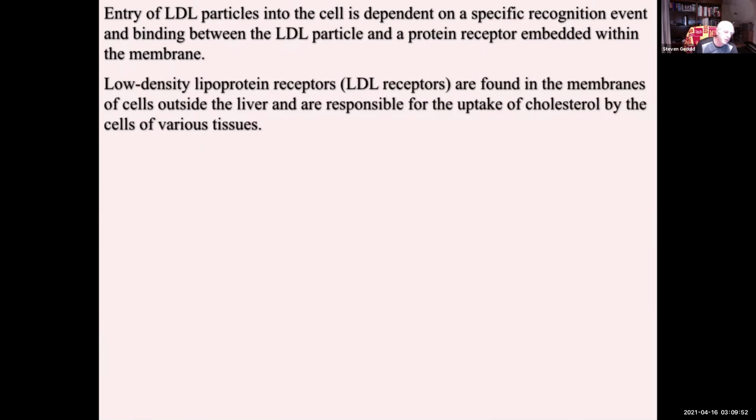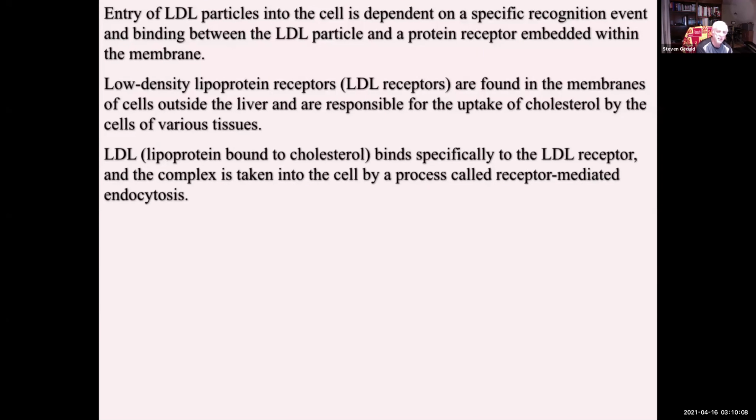So the cell has to recognize the low density lipoprotein and bind to it so the cholesterol can be delivered to it. Low density lipoprotein receptors are found in the membranes of cells outside the liver and are responsible for the uptake of cholesterol by the various tissues. You have the receptors so they can deposit it there.